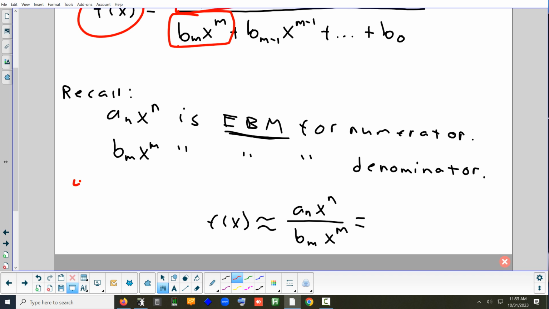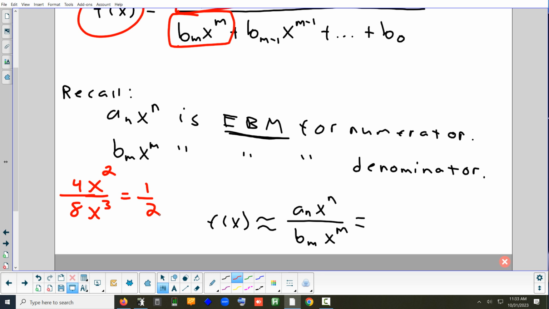So let's say you had something like 4 divided by 8, and this was x squared over x cubed. That's an example of something you could have. Well, the first thing you can do is simplify your numbers. What is 4 over 8 reduced to? That's a half. Now we have to simplify the letters.